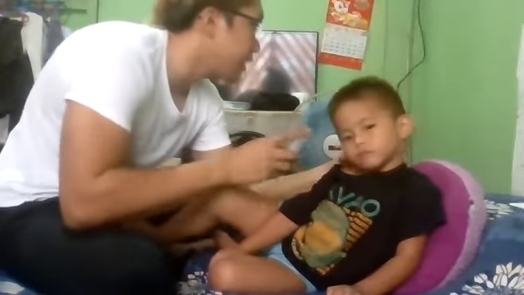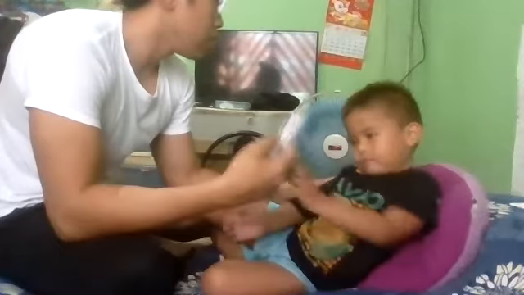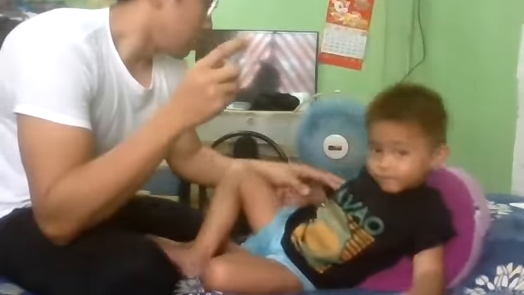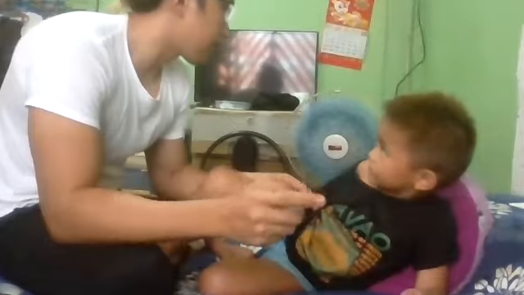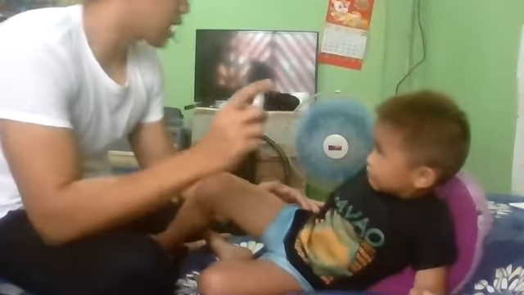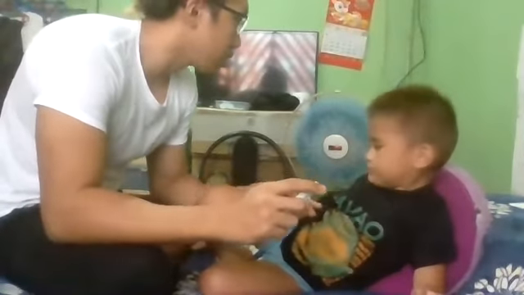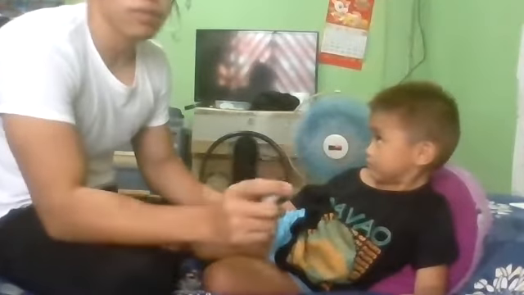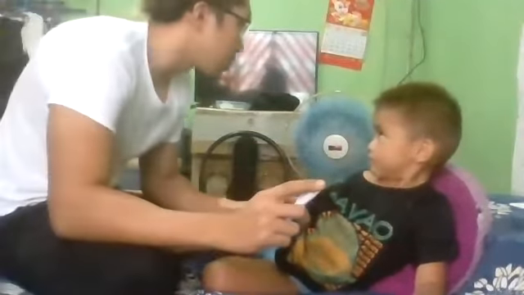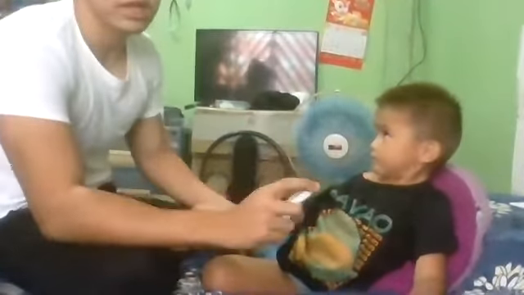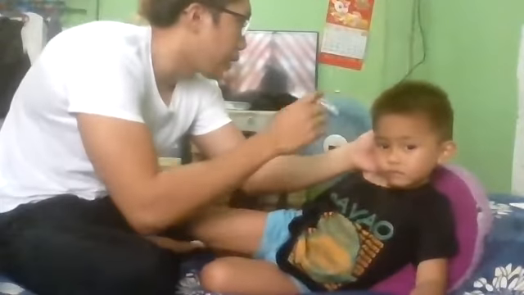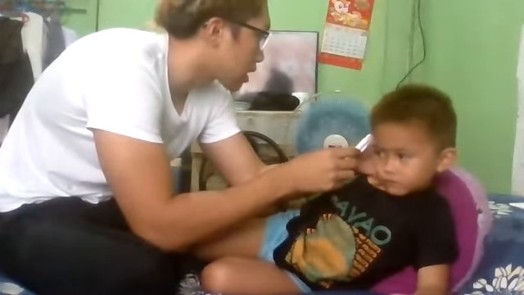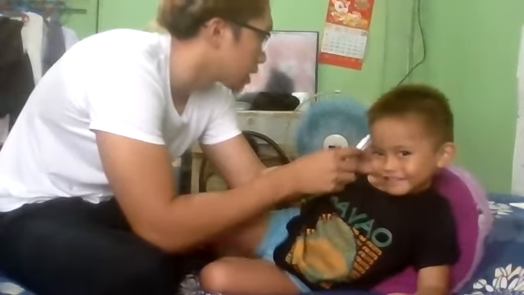In inspecting the ear canal and tympanic membrane, if we're using an otoscope, we should attach it with a speculum on the otoscope. So sir, I will now check your ear canal and tympanic membrane. I cannot attach the speculum kasi improvised lang yung ginagamit ko.